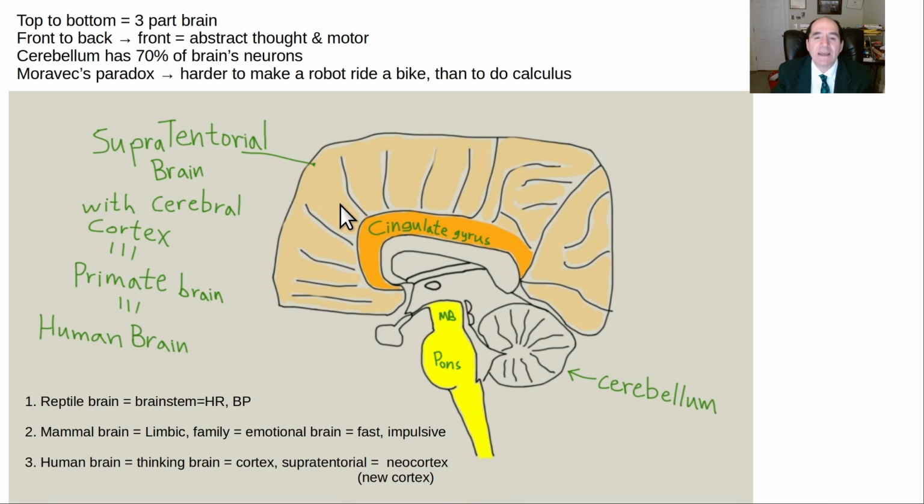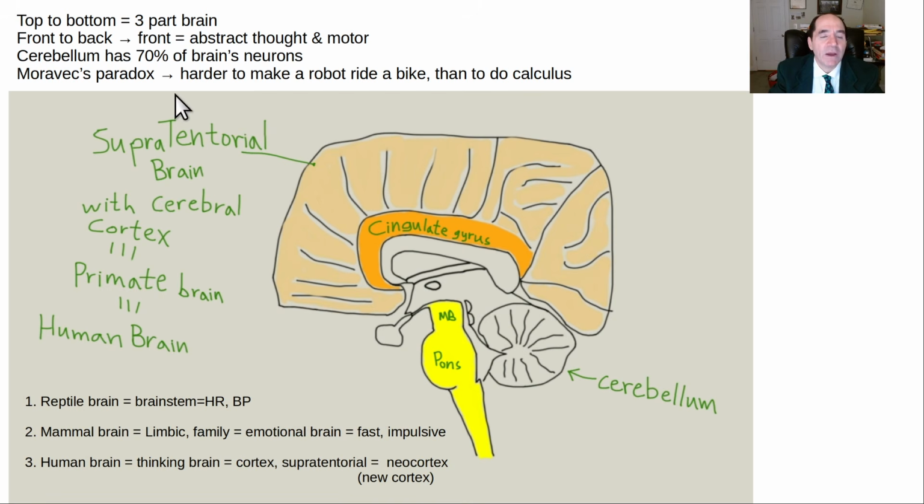So your frontal lobes, your supratentorial brain, get you to be thoughtful, think about the long-term consequences of your behavior so you can make more intelligent decisions. And that's, of course, very important. When I feel like saying something impulsive or rude, I go, hey, I'm getting into a mammal, limbic, emotional mood. I got to be in a more thoughtful, cerebral cortex, human brain mood.